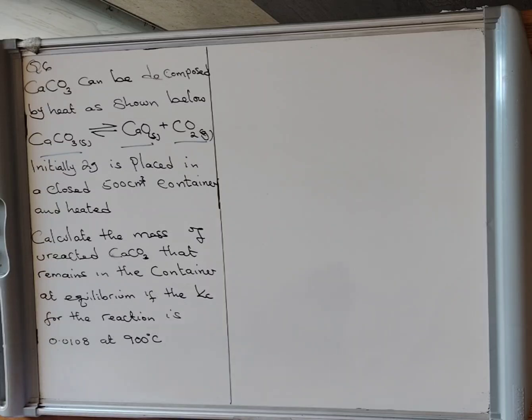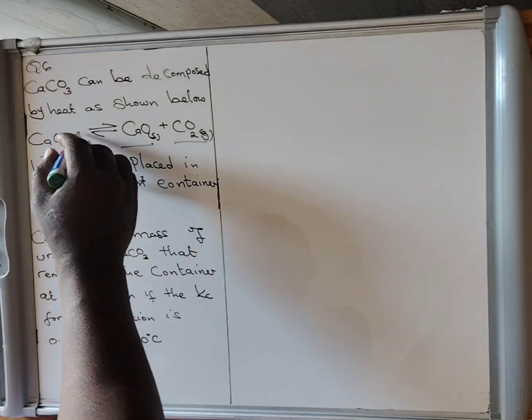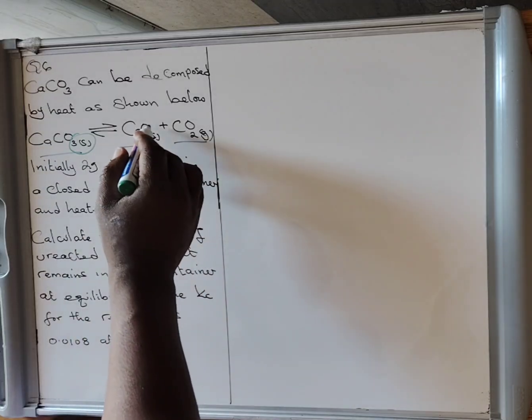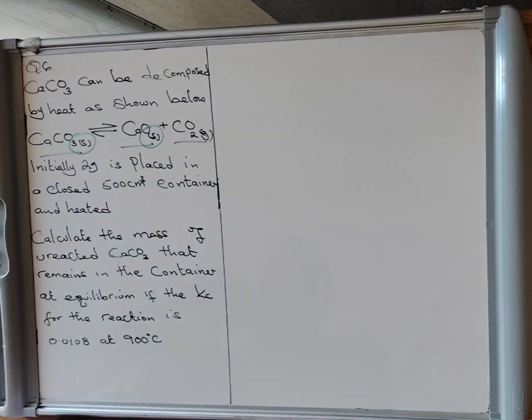When you analyze what we have here, we are going to find out that calcium carbonate is a solid and calcium oxide is a solid. The only compound which is gaseous in this case is carbon dioxide.